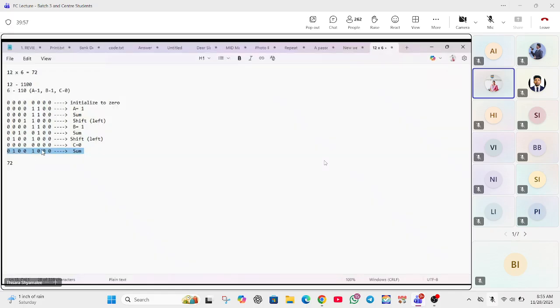There is no shifting here because this is the last value, therefore we are not going to apply shifting. Once you convert this binary value into a decimal value, you will definitely get 72. Okay, so I think now it is clear to all of you.